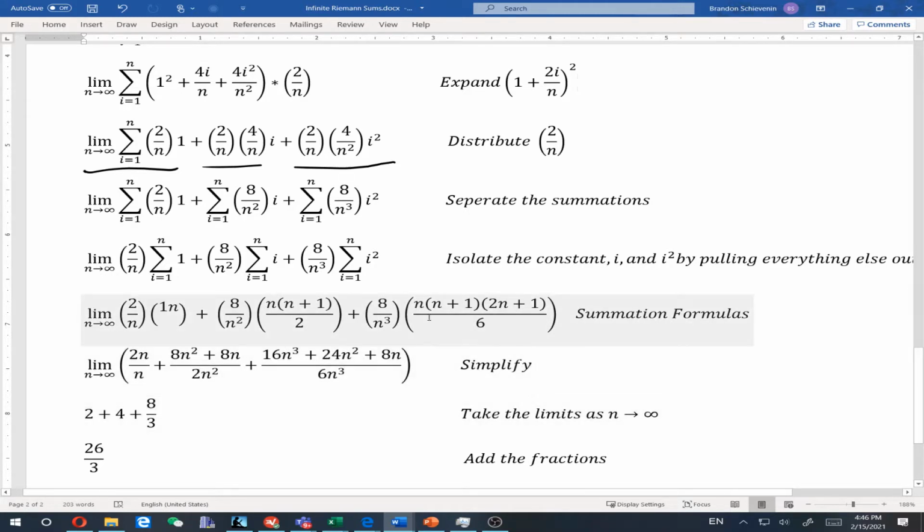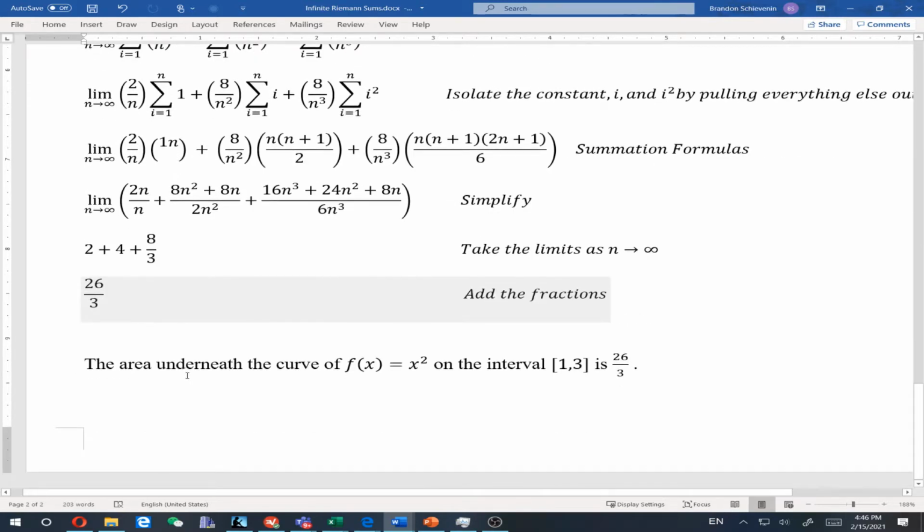For our last one, my largest power would be 8 times n squared times 2n, which is 16n cubed over 6n cubed. That gives me 16 over 6, or 8 thirds. When you add all of that together, we get 26 thirds. So the area underneath the curve of x squared from 1 to 3 is 26 thirds.